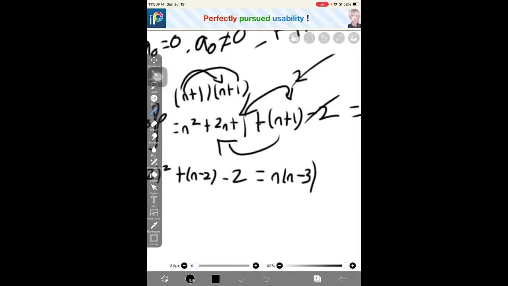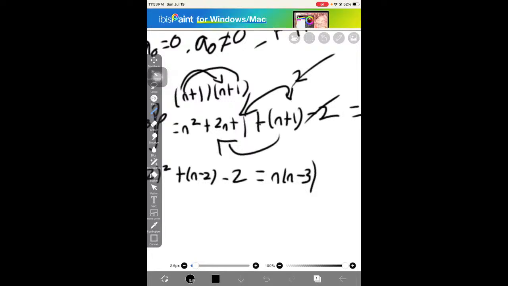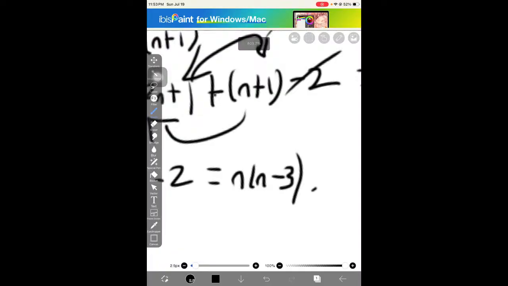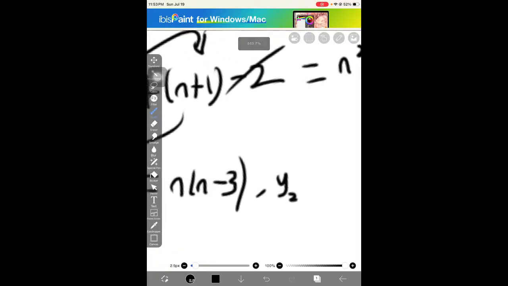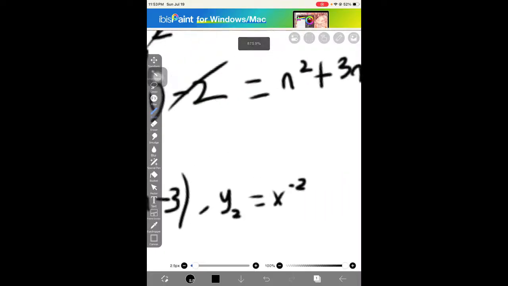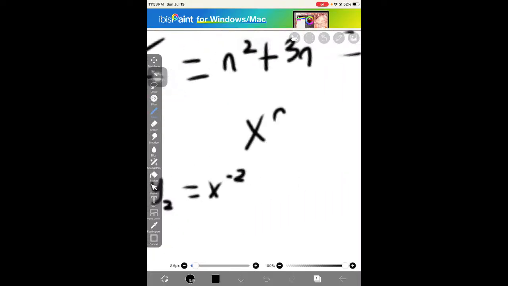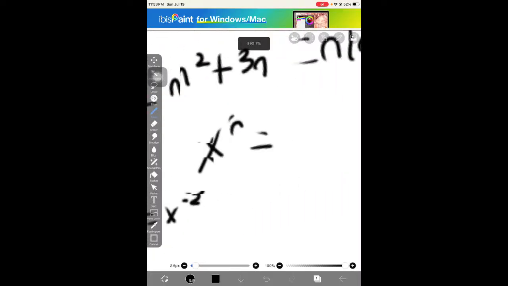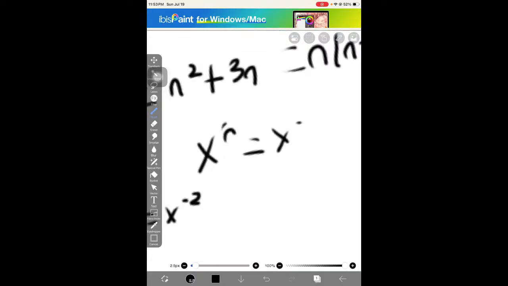So again, every coefficient here, except the first one, of course, will vanish. So y sub 2 is just going to equal x to the negative 2. Why? Of course, x to the r. We chose x to the negative 2. So x to the negative 2.